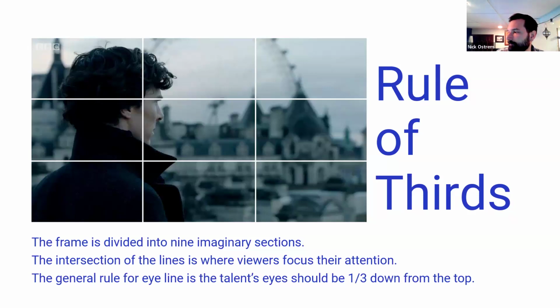So you can see in this picture here, you've got Benedict Cumberbatch. You want your eyes to go to his face. It's in that intersection right there. This is a general rule. It's good to follow it. People break this rule, like any rule. In the creative world, it gets broken all the time. But generally, it's a good idea to follow it.